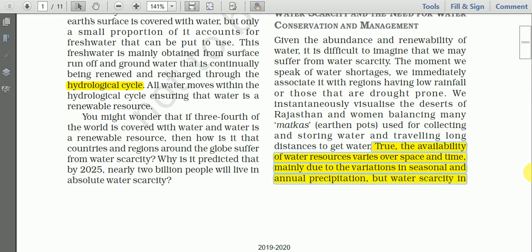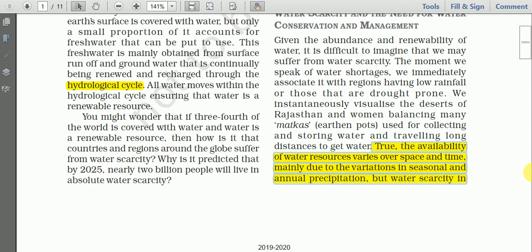We have given example about the seasonal variation of rainfall, that India is enjoying monsoon type of climate, and that is why in the monsoon season during June, July, August, September we have enough water, whereas in the other part of the year there is less water.